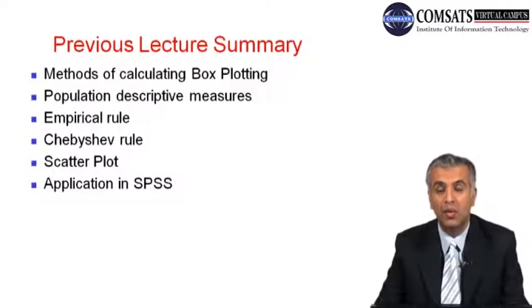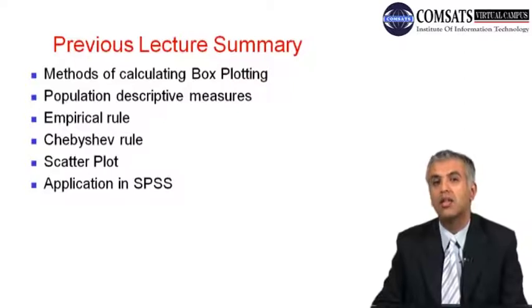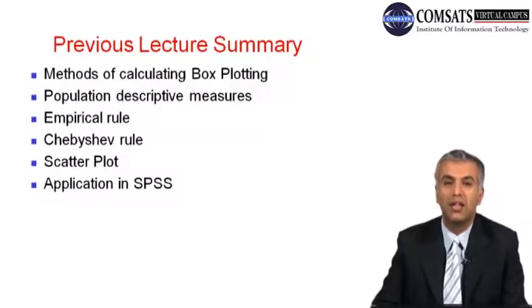Coming to the rest of the empirical rule, it also stated that 95% of the data will lie within two standard deviations of that central mean, and again, as we said before, 68% of the data set, I stand corrected, would lie within one standard deviation of that central mean.